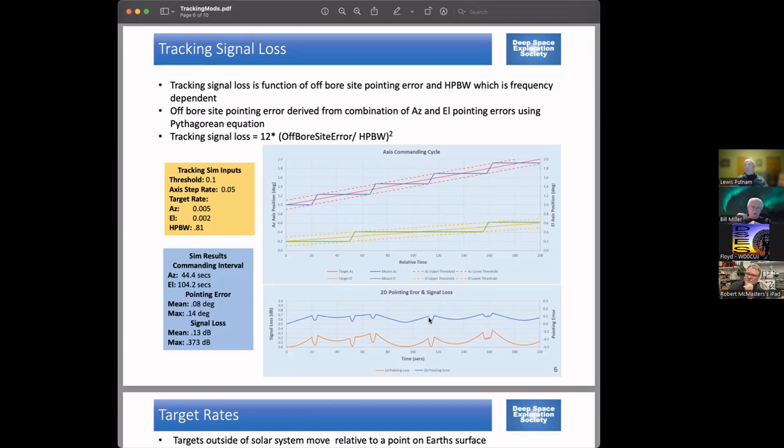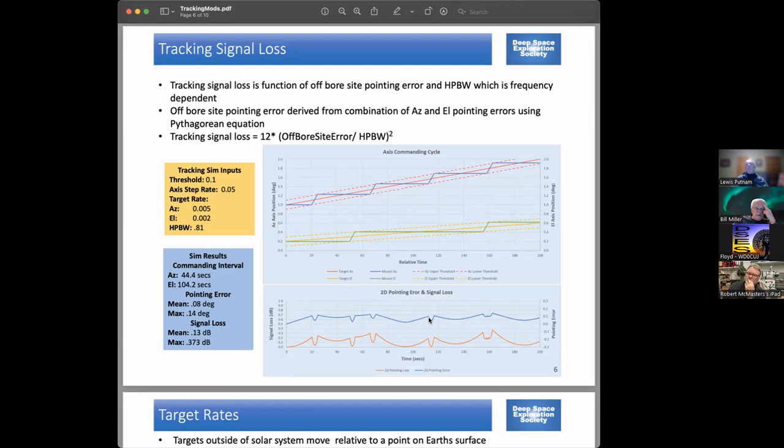Well, that's what I'm saying. We were asking for a way to select that, and I guess you'll get to that. Actually, the way you select it is on this chart. It says signal loss equals 12 times pointing error divided by the half-power bandwidth, squared.